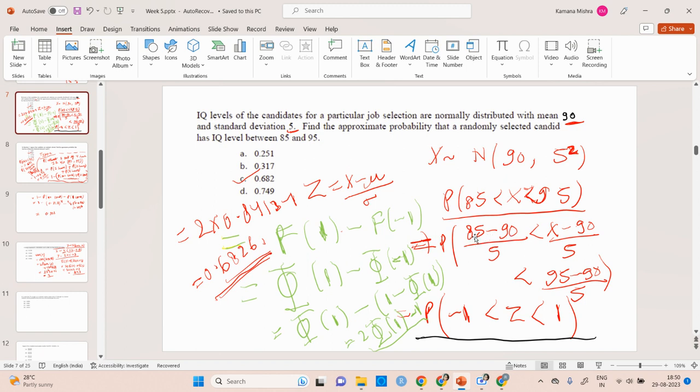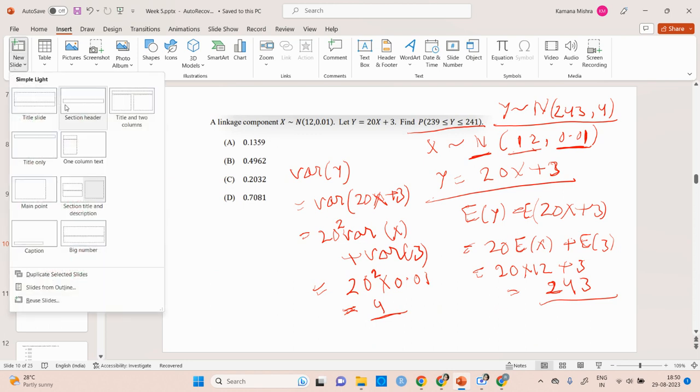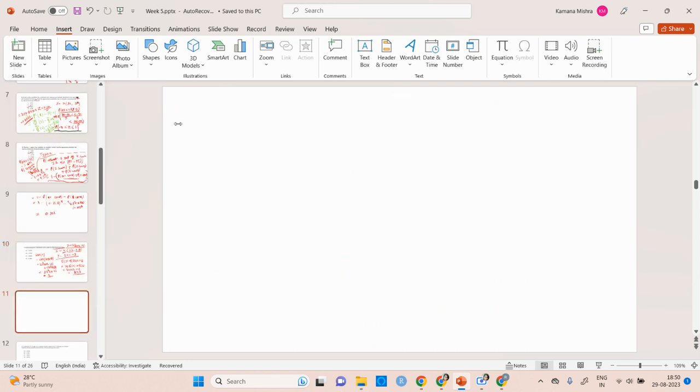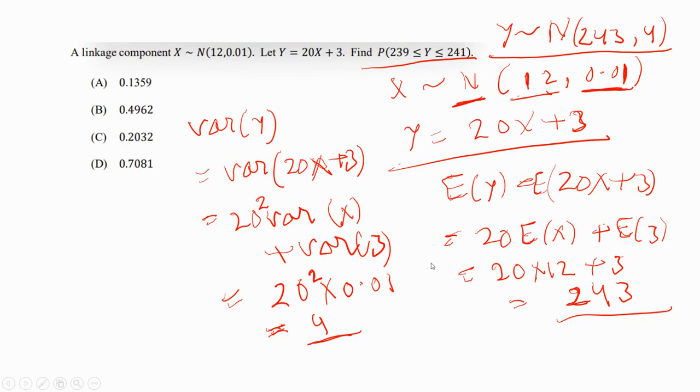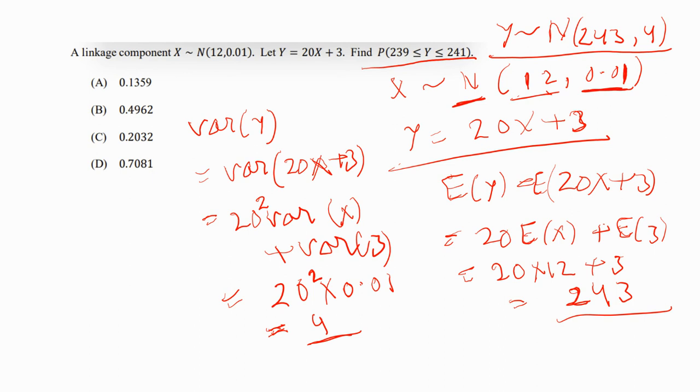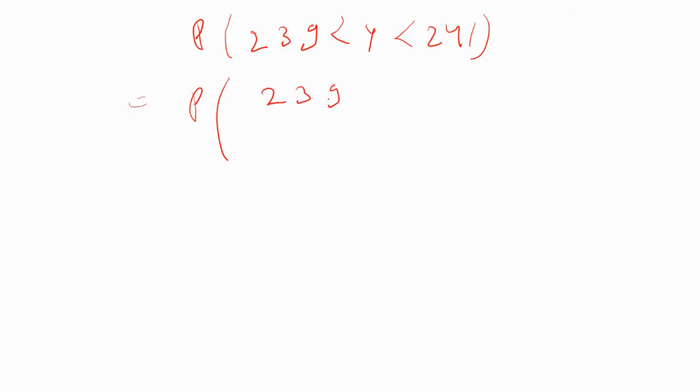Then what we do is subtract the mean and divide by the standard deviation. So the probability that 239 is less than y is less than 241 will be the probability that 239 minus 243 divided by 2, because this is the variance, so sigma squared is the variance, sigma will be 2.